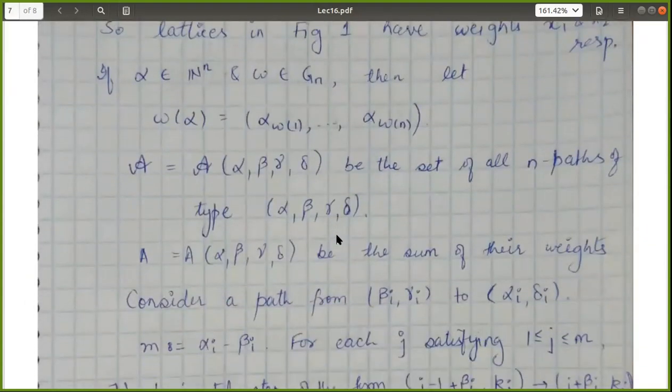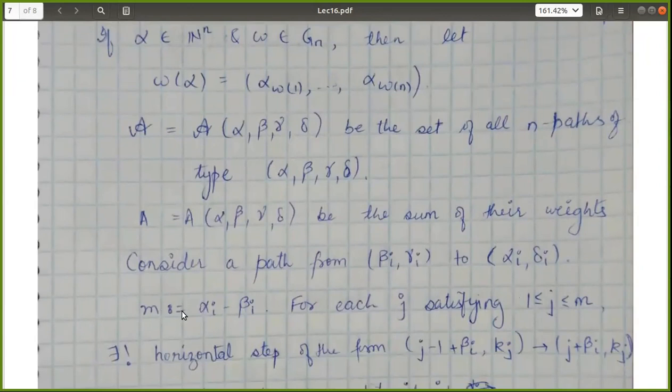When you have considered this particular lattice, you put m to be alpha_i minus beta_i. So why is m positive? Can someone quickly see and tell me? Alpha was larger than beta. Why? Because the allowed steps in the horizontal direction are increasing.